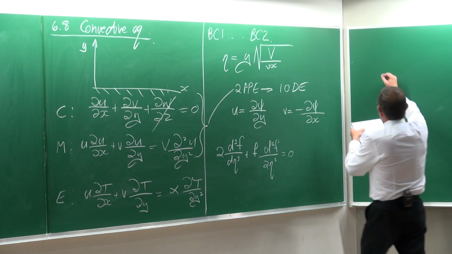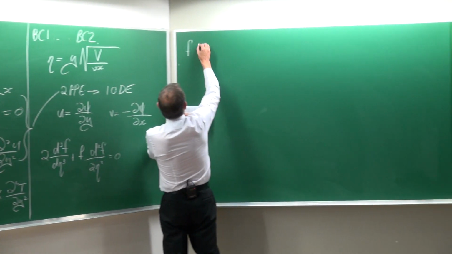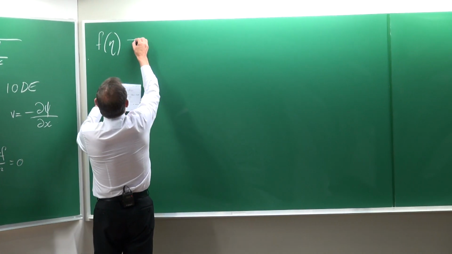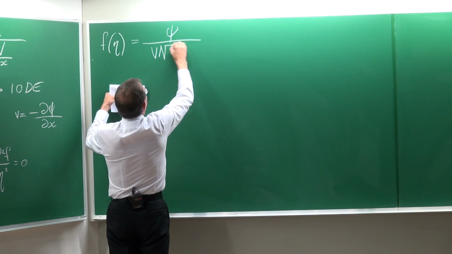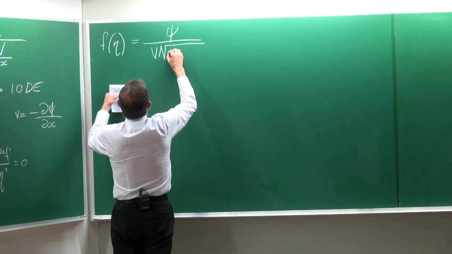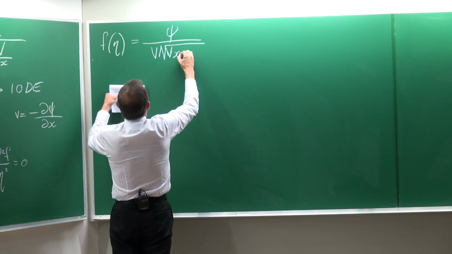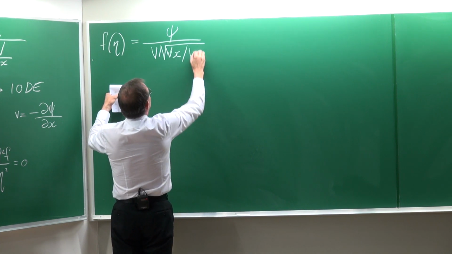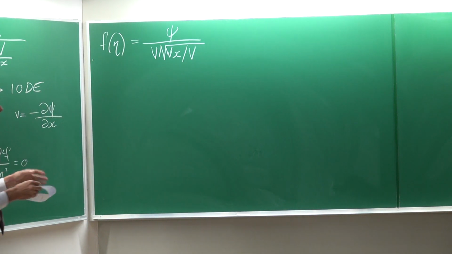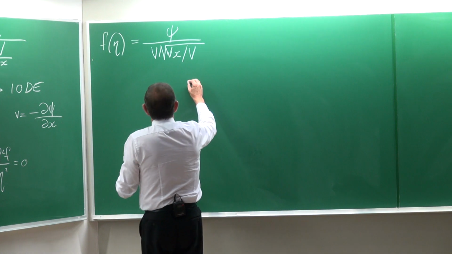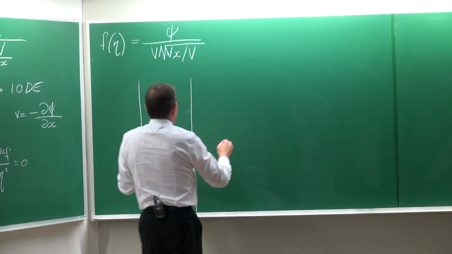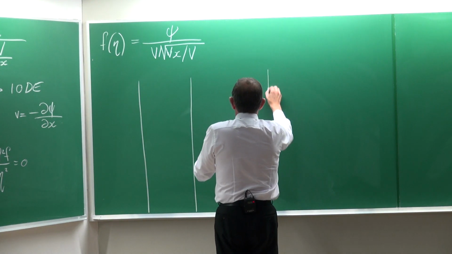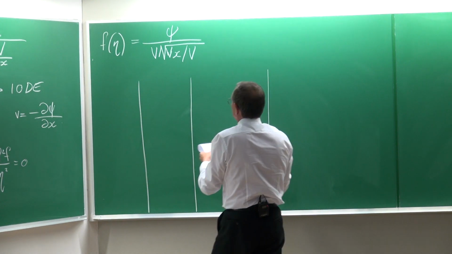Okay, so that's the solution for those two. But then he also realizes I can define a function f as a function of eta, which is equal to the stream function divided by the velocity and the square root of the kinematic viscosity times x divided by u infinity, something like that. And again, he uses the boundary conditions, and then he had an equation that he can solve, but for that he needed a power series expansion.